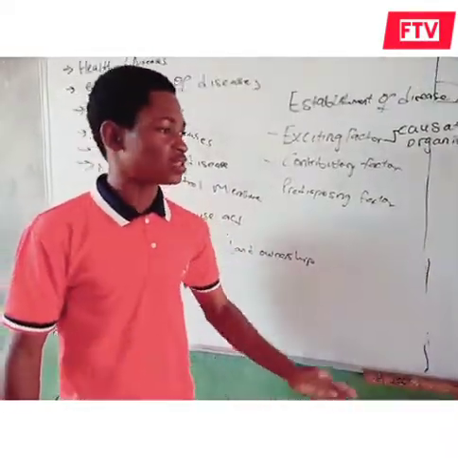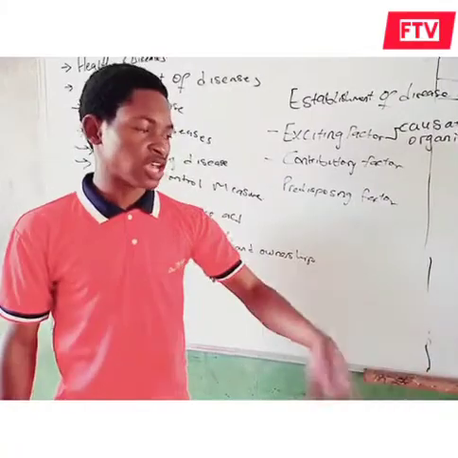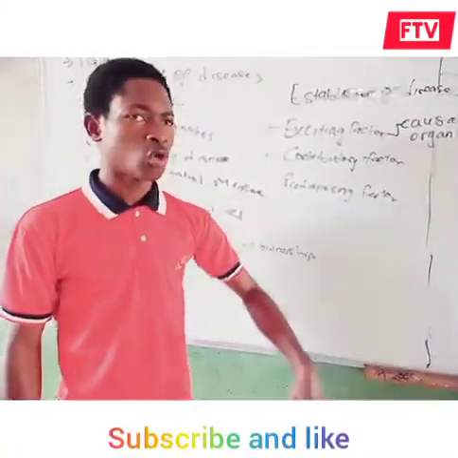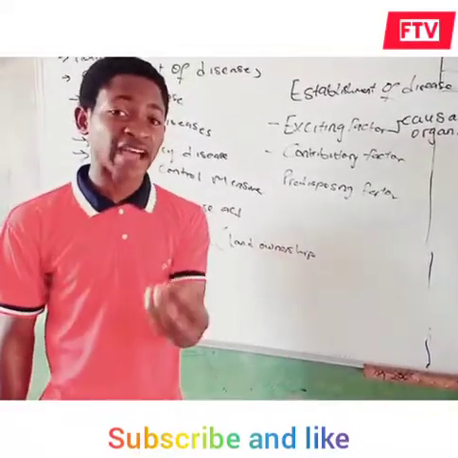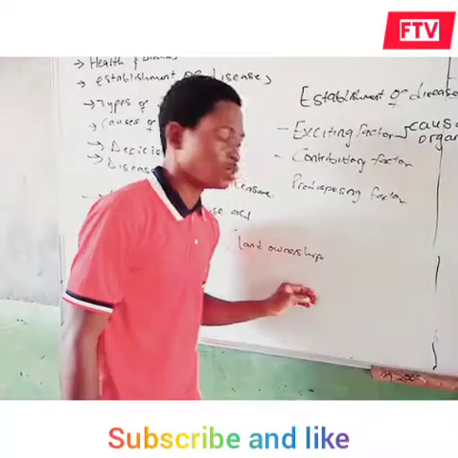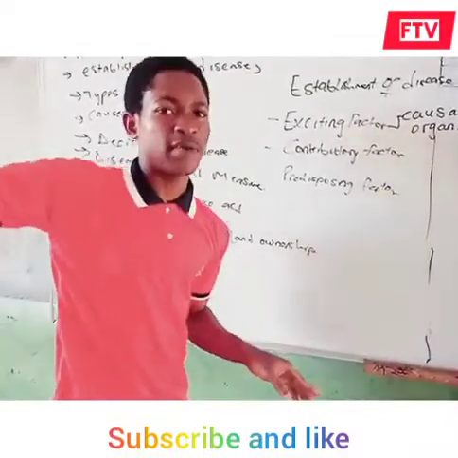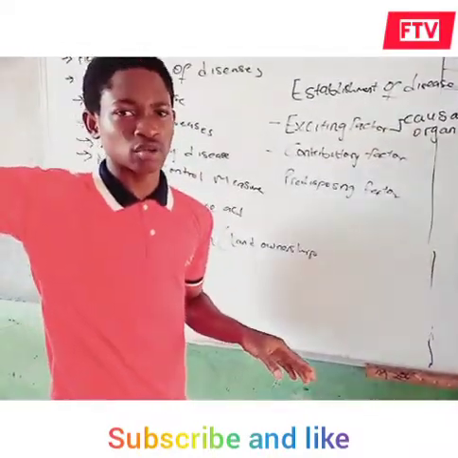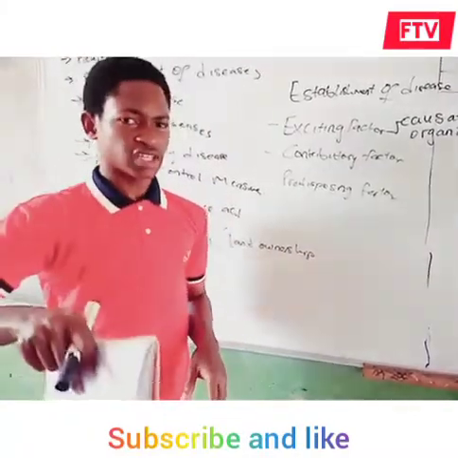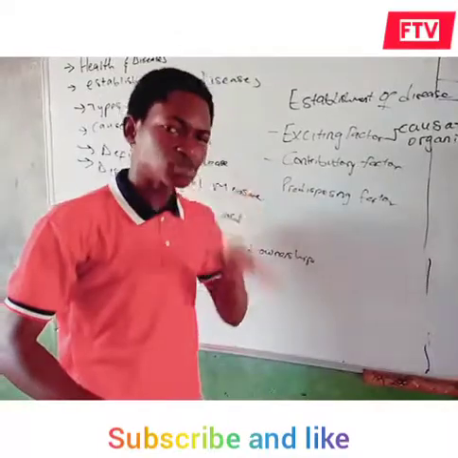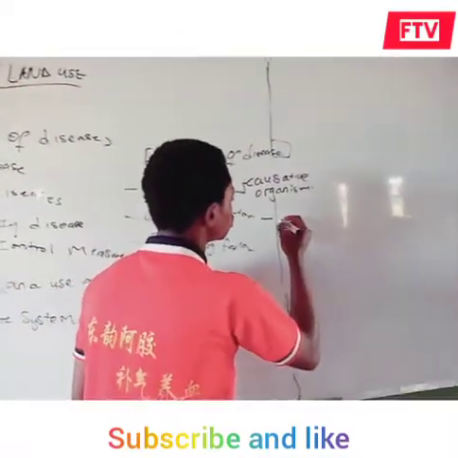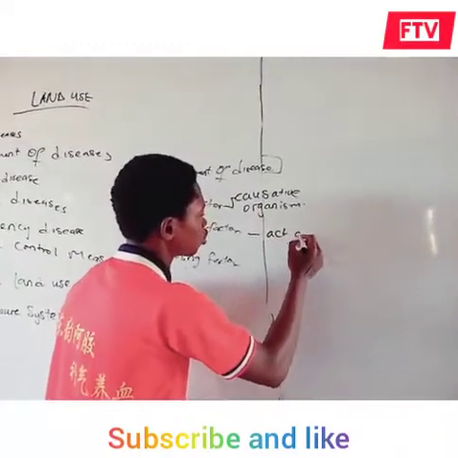There are like 50 birds in the environment. One is infected. That one can actually infect other animals. It might be flies that will go and touch the bird that is infected, pick something from the body of the one that is infected, go to another bird and drop it on the body of that other bird. The other bird will be infected. So that fly is a contributory factor that helps to act as vector.